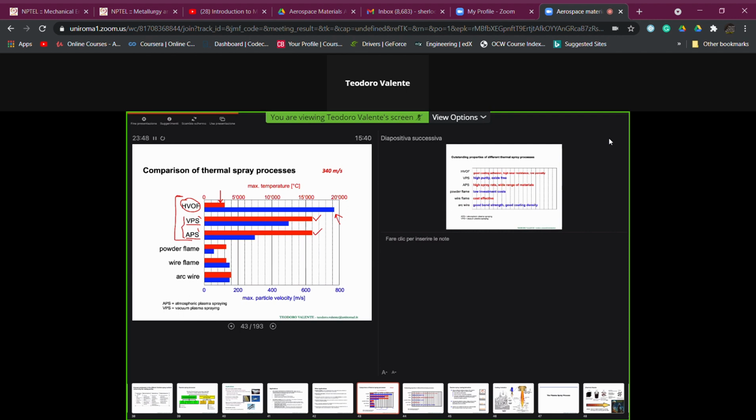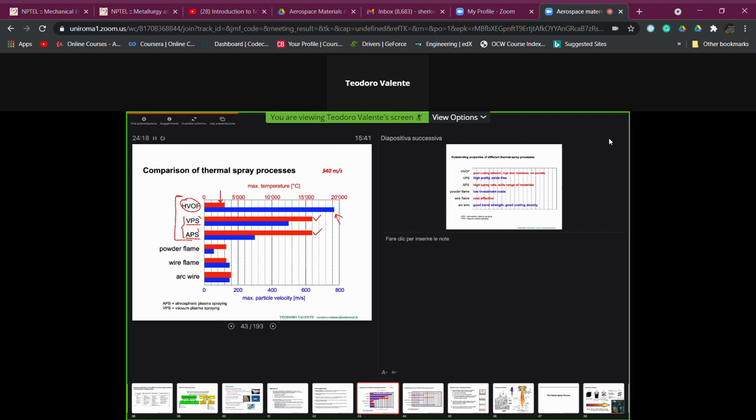And so we are obliged to use the bond coat, and this is just one function of the bond coat, to stop the oxygen diffusion and prevent oxidation of the superalloy, if we have in mind a combustion chamber or four-stage turbine blades. The reasons for the choice of these two technologies are in these main features of the processes.